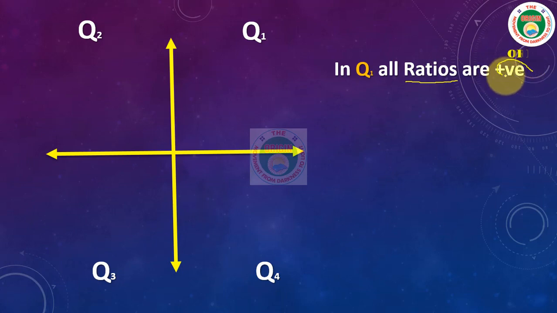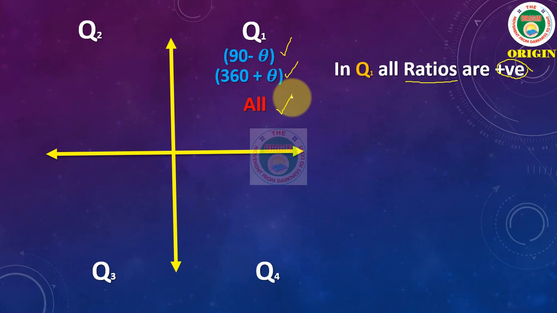Important point, remember: in quadrant 1 all ratios are positive, for angles 90 minus theta and 360 plus theta. So we are taking positive and negative. In the previous case, we saw what angles exist in each quadrant. In this case, what trigonometric ratios exist here?